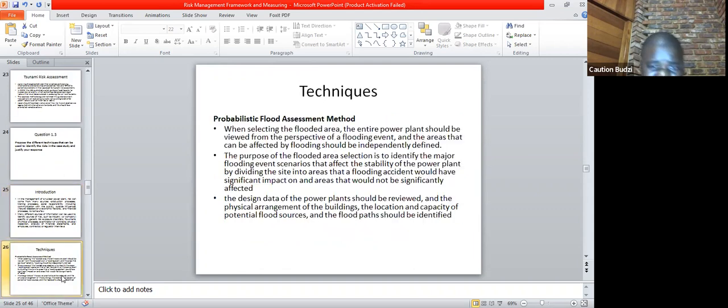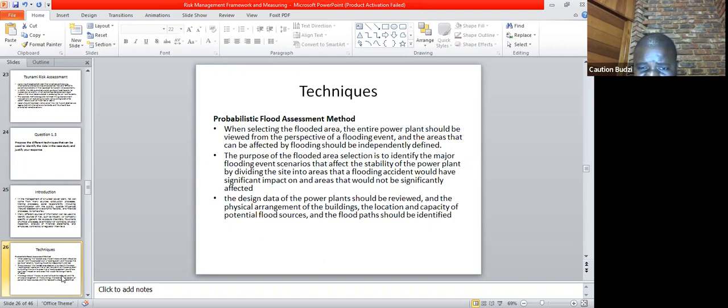We are going to discuss just a few. The first technique that we have come up with is a probabilistic flood assessment method. When selecting the flooded area, the entire power plant should be viewed from the perspective of a flooding event, and the areas that can be affected by flooding should be independently defined.